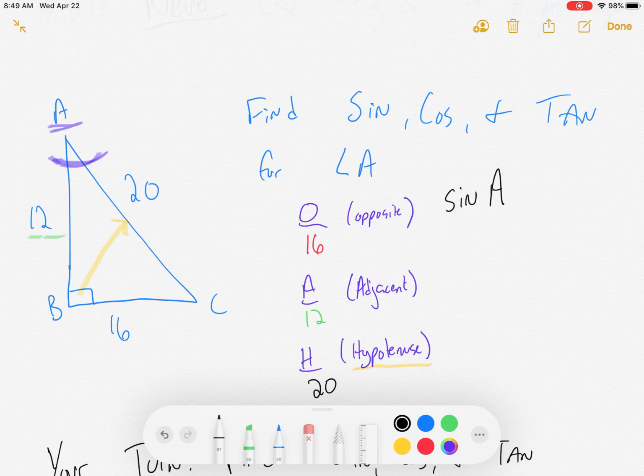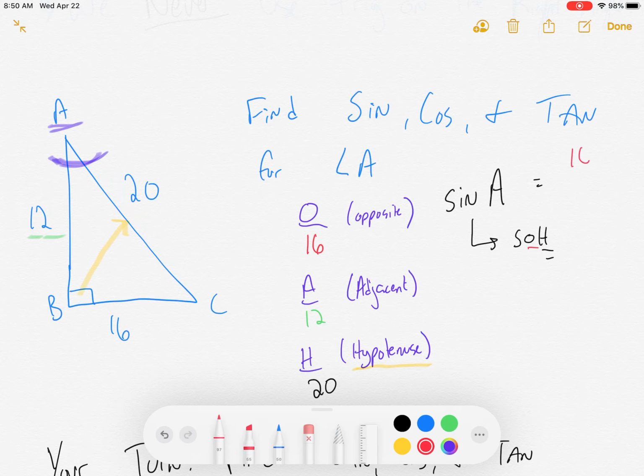12. Okay, so now to find the sine of angle A, we just write sin A. Sine of A is how we pronounce that. We use the acronym SO. So what that means is I'm going to pick my opposite value and put it over my hypotenuse. So let's look here.